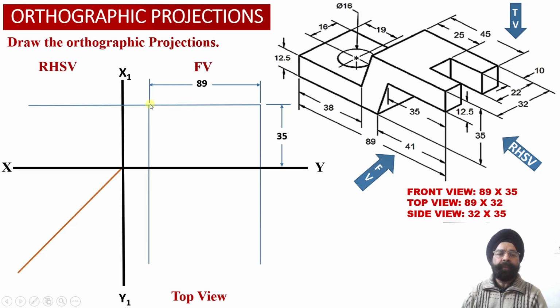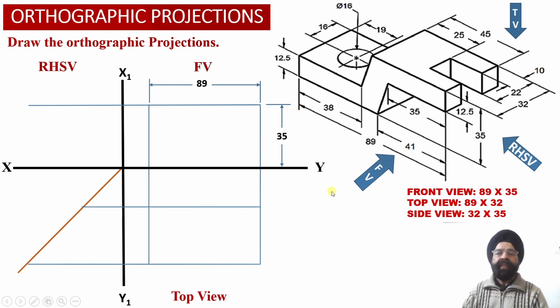This horizontal projector line we have appropriately extended into the right hand side view projections, because there also we are going to require the height of the solid, which is equal to 35 millimeter.